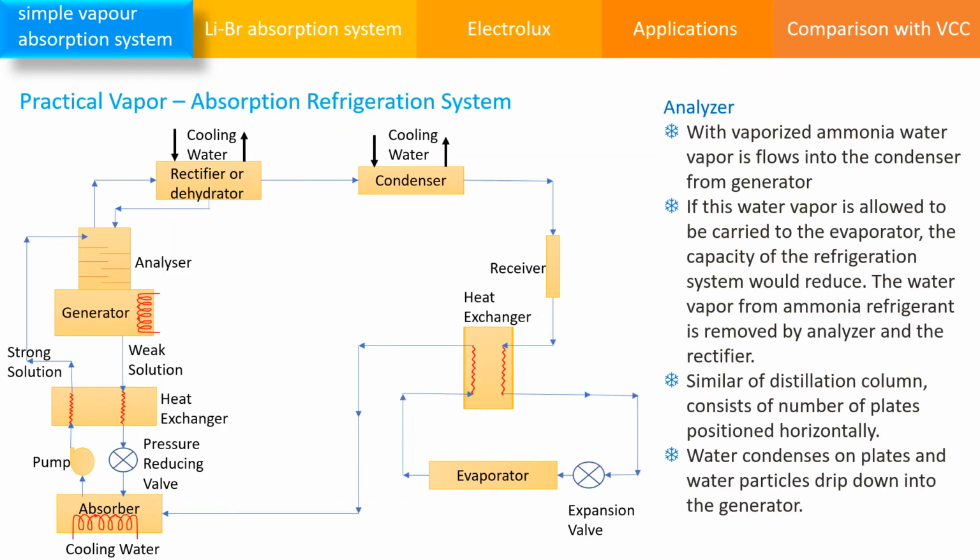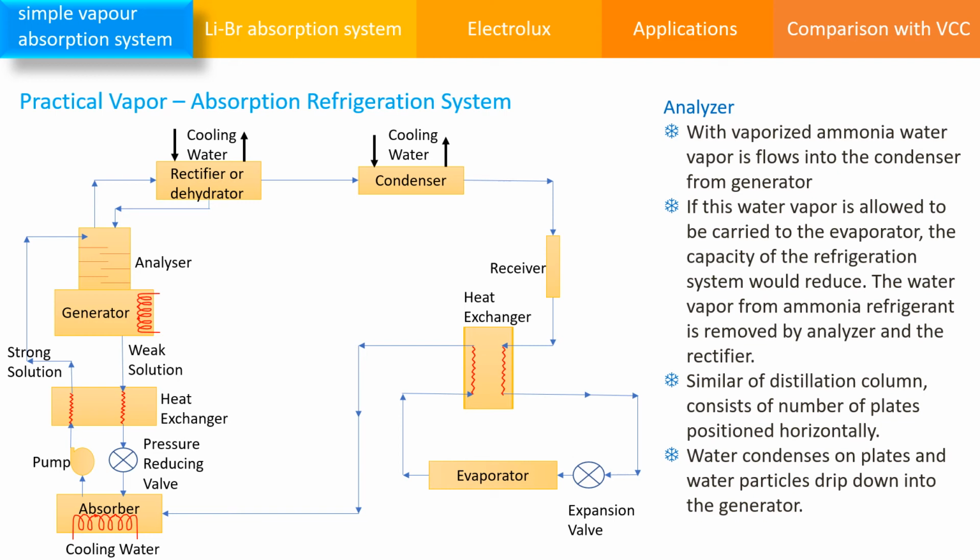So firstly, the analyzer. The analyzer is installed after the generator. Now in our simple vapor absorption system, the strong solution from the pump is directly provided to the generator. Here it is first passed through the analyzer.